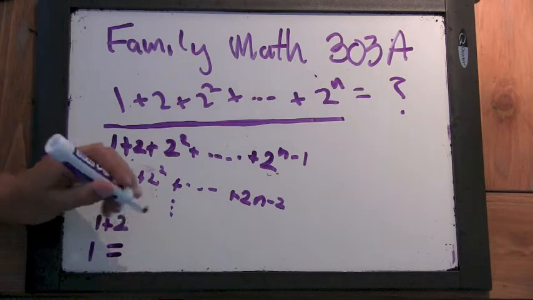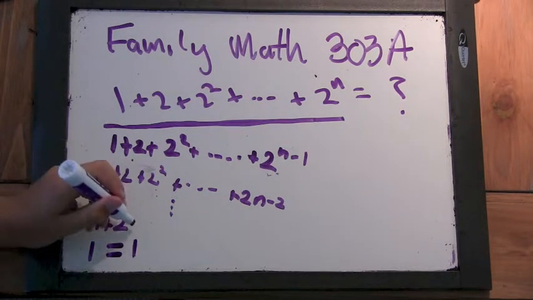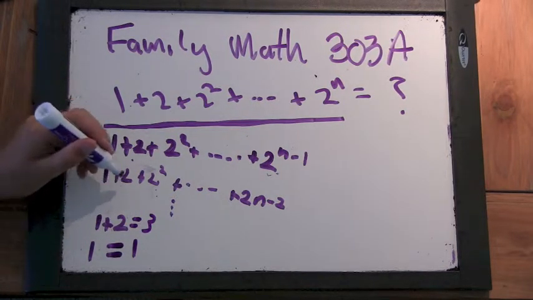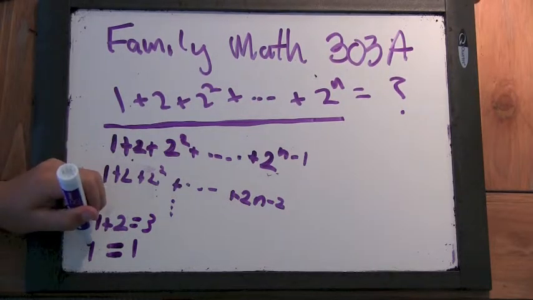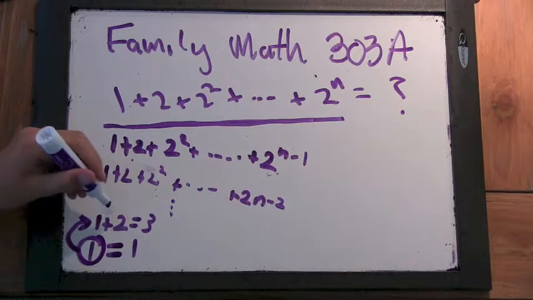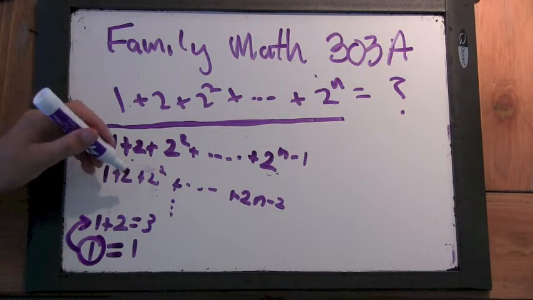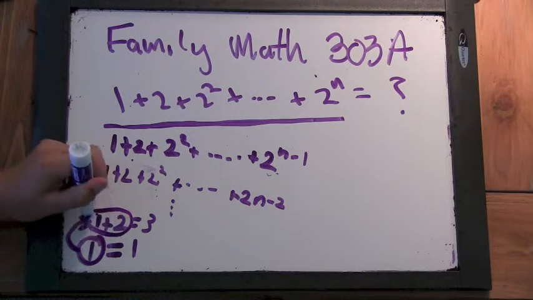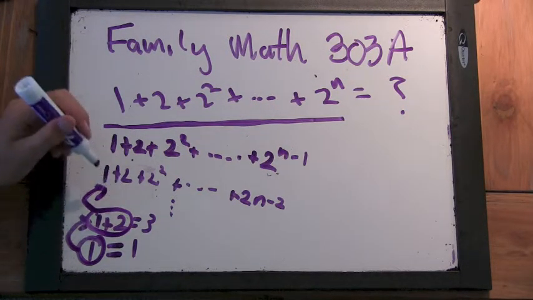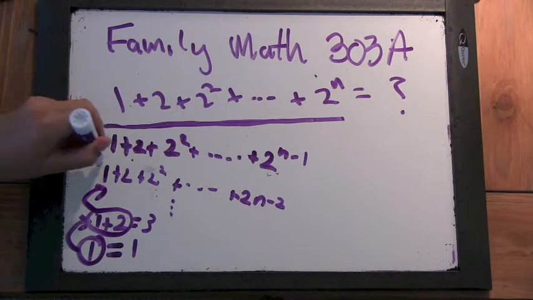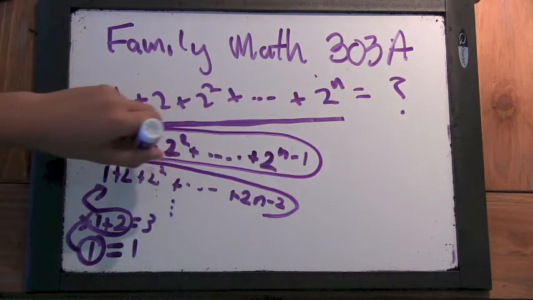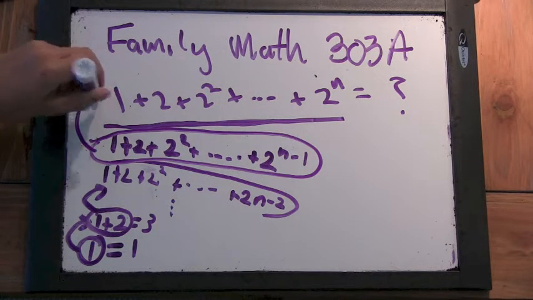So then I can figure out what this equals. This is 1. This is 3. So then, for the next one, here I can substitute the 1 in. It's not going to make a difference. And then I can substitute in the next one what the 1 plus 2 is, and then for the next one, the 1 plus 2 squared. And eventually, I'm going to substitute in this up here.